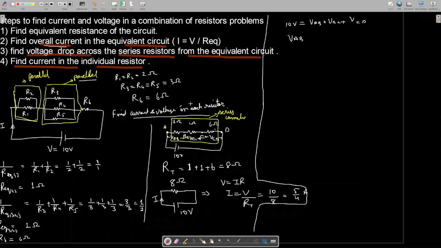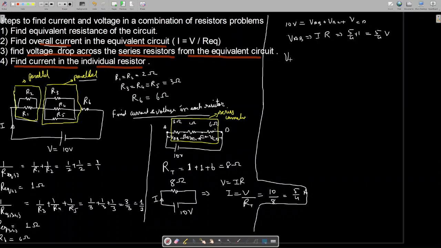Now let's find the voltage drop across VAB. We know that VAB will be equal to I into resistance in the node AB. In the node AB we have 1 ohm. So it will be equal to 5 by 4 into 1 is equal to 5 by 4 volt.